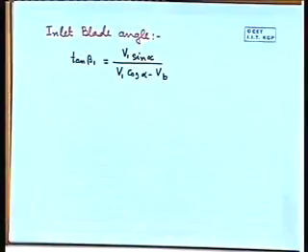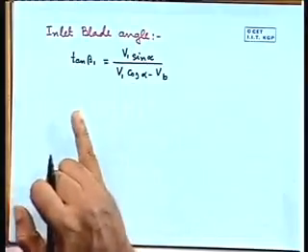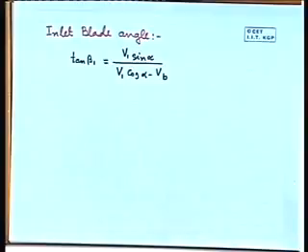So, if I have to determine the inlet blade angle, what do I have to know? I have to know the absolute velocity with which the steam is coming out of the nozzle. Well, how do I determine that absolute velocity of steam coming out of the nozzle? This I have told earlier.